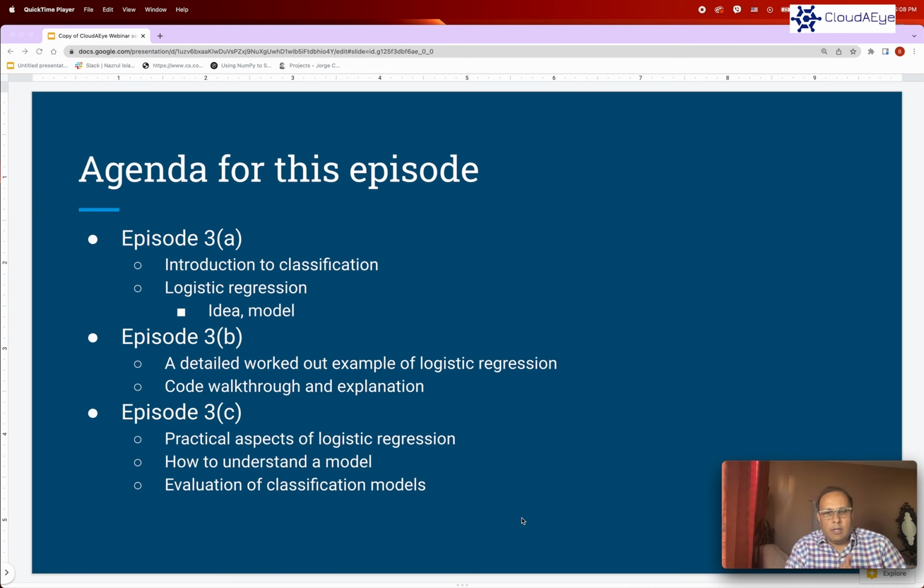For this episode 3, as we have stated earlier, we'll be dividing it into three small chunks. In episode 3A, which is this particular episode, we'll be talking about classification, and most importantly, one of the most widely used classification models, namely the logistic regression model.